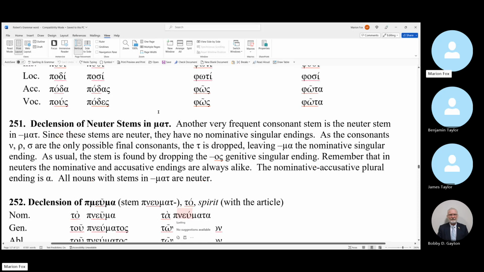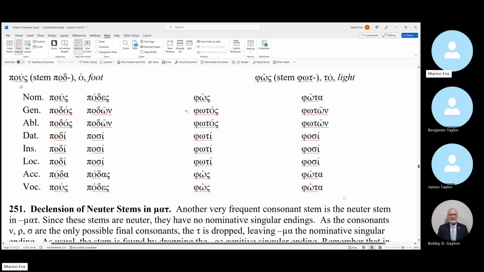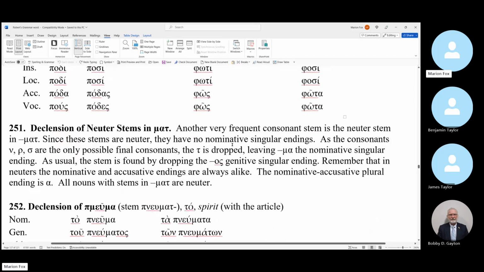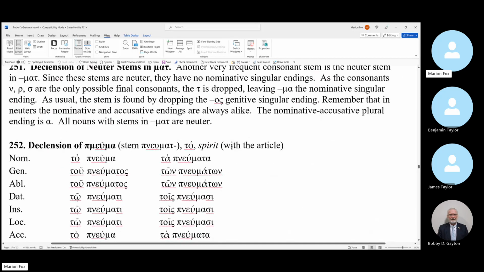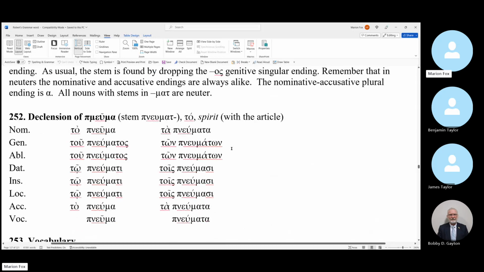Let's go back up to this other word up here, neuter. There's a nominative ending in alpha and an accusative ending in alpha and your vocative ending in alpha. Now, the vocative is not always the same as the nominative, but the vast majority of the time it's the same. Okay. Occasionally there are some differences.